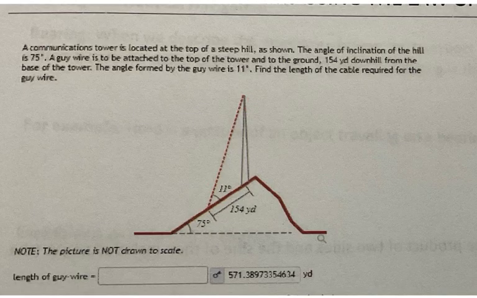That's what this is. 154 yards downhill from the base of the tower. That's what they have drawn here. The angle formed by the guy wire is 11 degrees here. Find the length of the cable required for the guy wire. So we're looking for that dotted line.